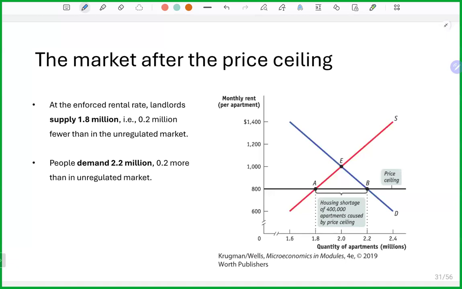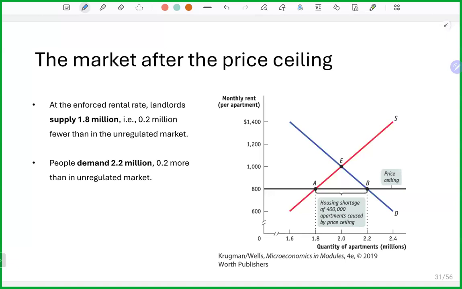Why is that so? Because when 2 million units are supplied, the price is only $1,000, meaning that it's still less than $1,200. In other words, the price ceiling at $1,200 does not affect the market outcome. It's not a binding policy.